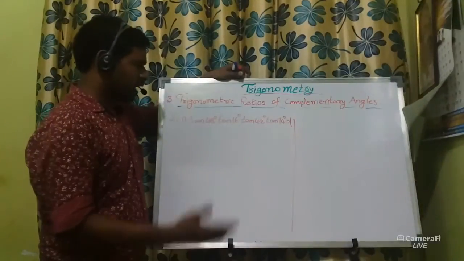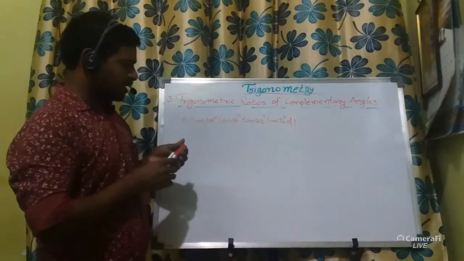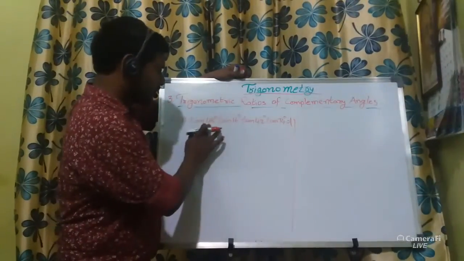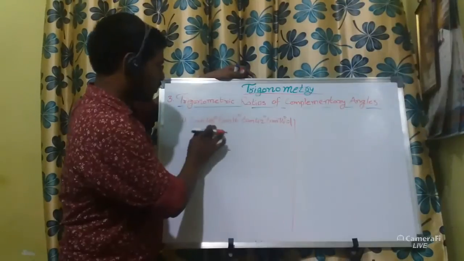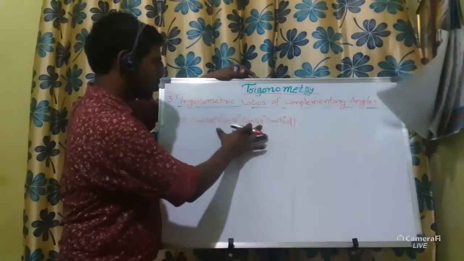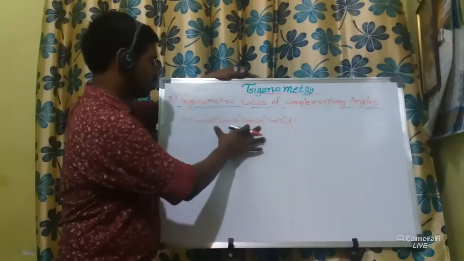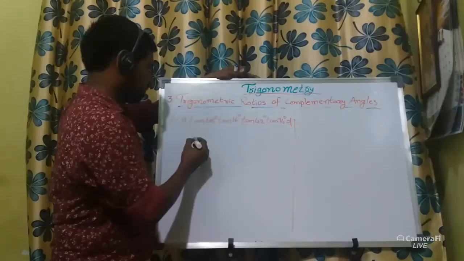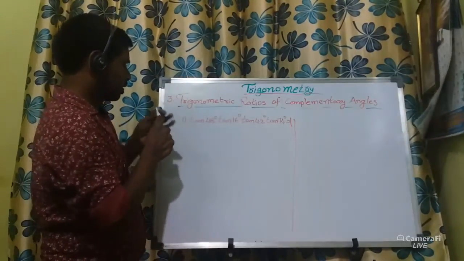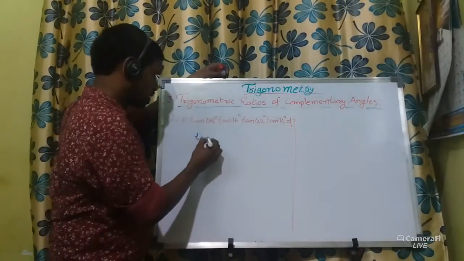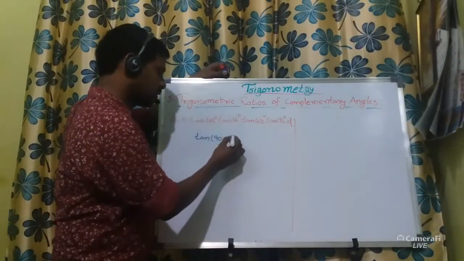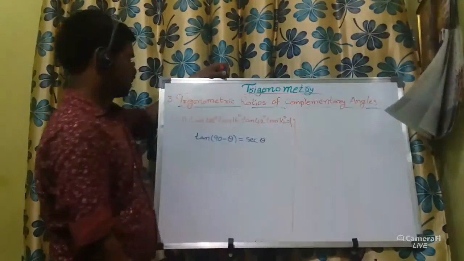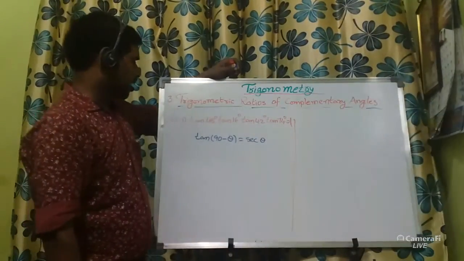Then we have the formula tan 90 minus theta, and we have to write that. Here 48 and 42 are both similar. We have to convert. I am converting like this. We have the formula tan 90 minus theta is equal to cot theta.